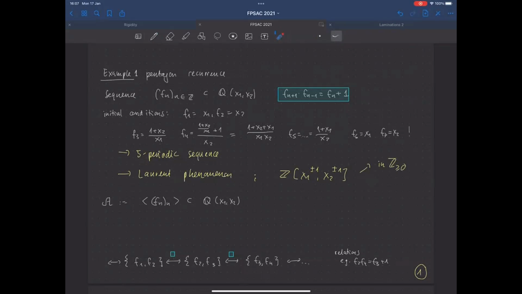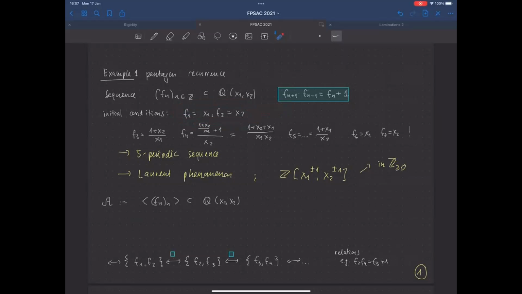So what is the cluster algebra in that case? We take all these variables, we collect them and look at what they span inside the field of fractions. So that already encodes all the relations which we have from the original recurrence relation. Okay, and that's a cluster algebra coming from these two initial variables and from the recurrence relation.